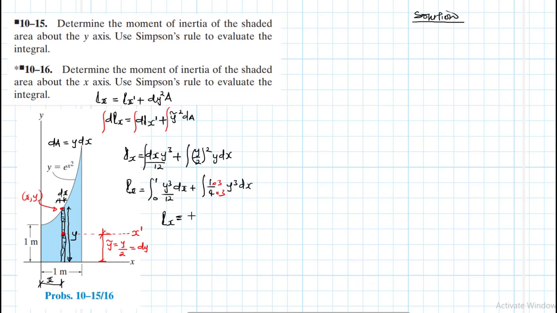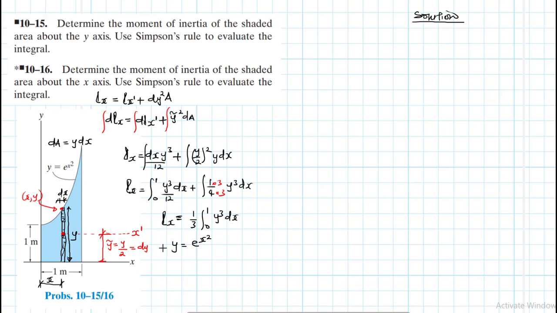Simplifying, that's 4 divided by 12, which is just 1 over 3, integral from 0 to 1 of y cubed dx. And we know what our y is. Our y is just equal to e to the power x squared.